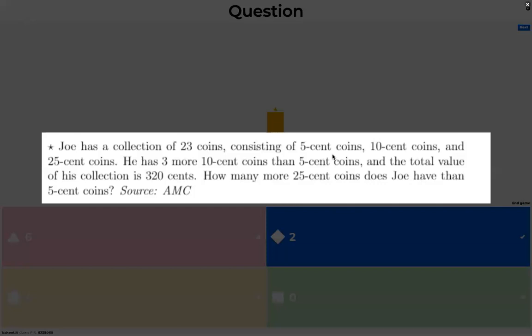So F. But then we know that he has 3 more 10-cent coins, so there's just F plus 3 10-cent coins. And for 25-cent coins, we don't know, so we'll just let that be Q. And then we also know the total value is 320 cents.